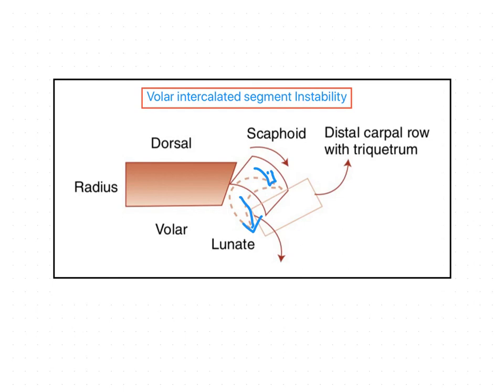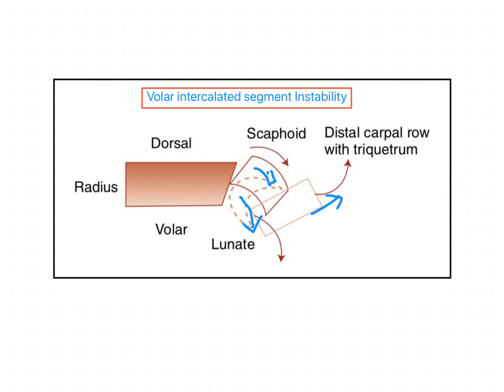And the triquetrum and the distal carpal row now extend. This ulnar perilunate instability is known as volar intercalated segmental instability.